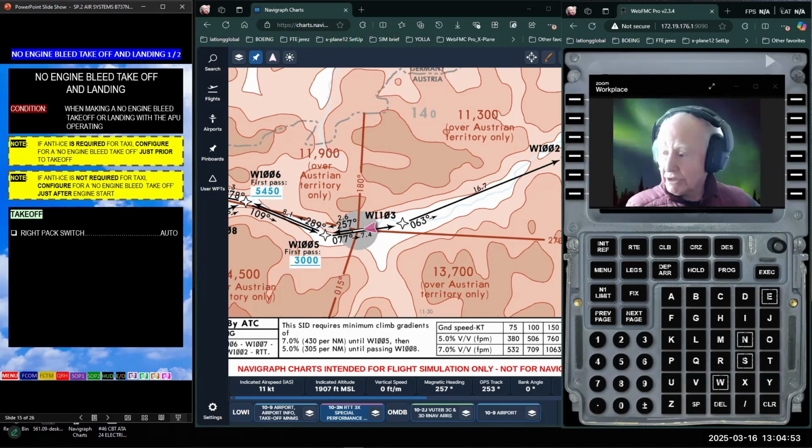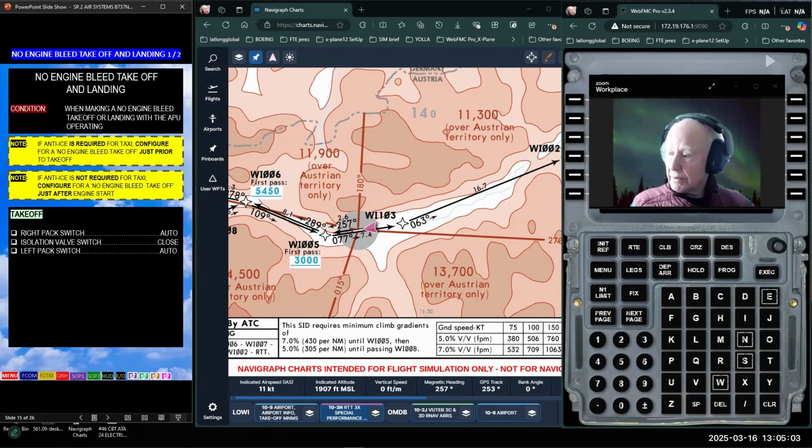Takeoff: right pack switch, auto, isolation valve switch, close, left pack switch, auto. So we're going from right to left on the air conditioning panel, and we'll look at that shortly.